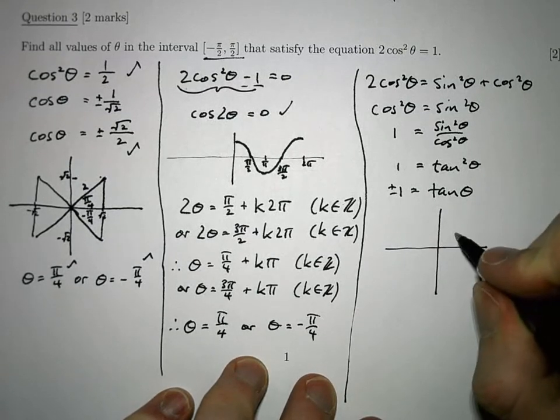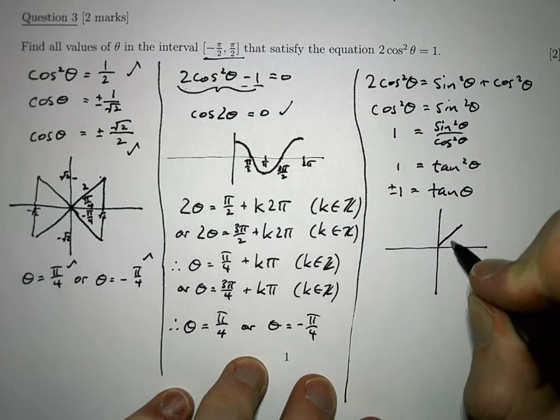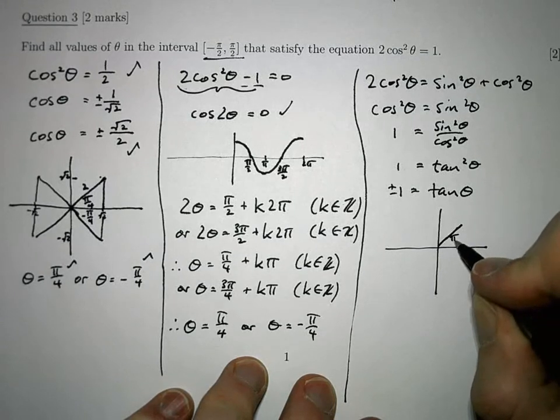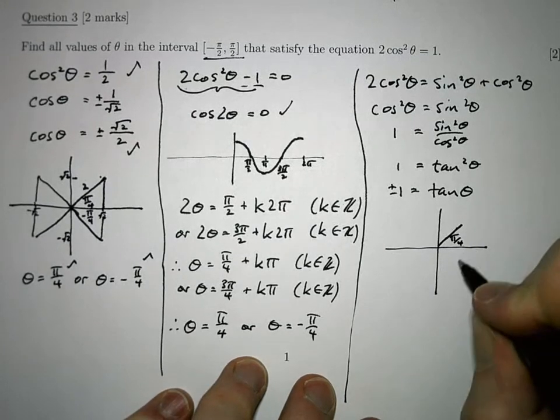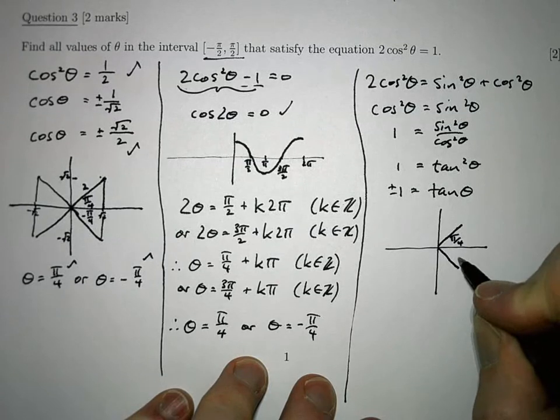But the y value is equal to the x value. In other words, these two sides must be the same. We're looking at a 45-degree angle, or a pi over 4. And again, the signs can be different because they could give us minus 1. As long as the x magnitude is the same as the y magnitude, that's going to give us the minus pi over 4.